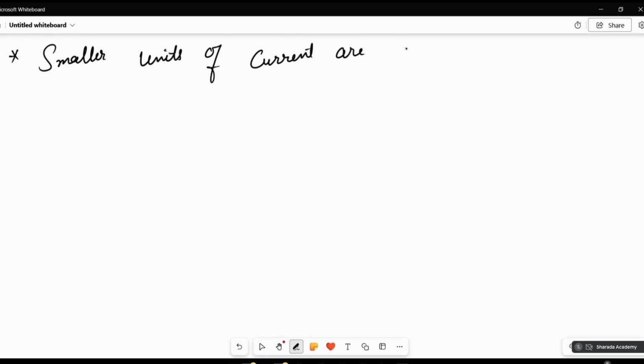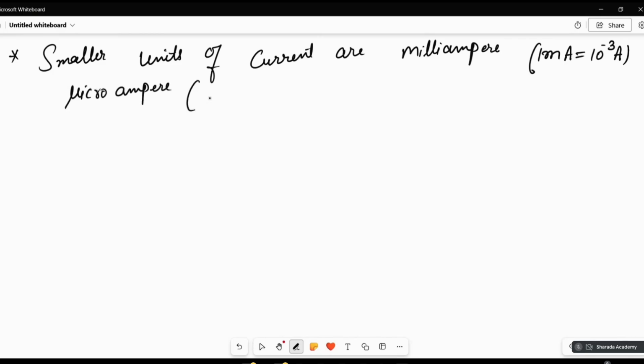First one, we call it milliampere. So 1 milliamp is equal to 10 to the power of minus 3 amps. Another one, microampere, we write mu amps. 1 microampere is equal to 10 to the power of minus 6 ampere.